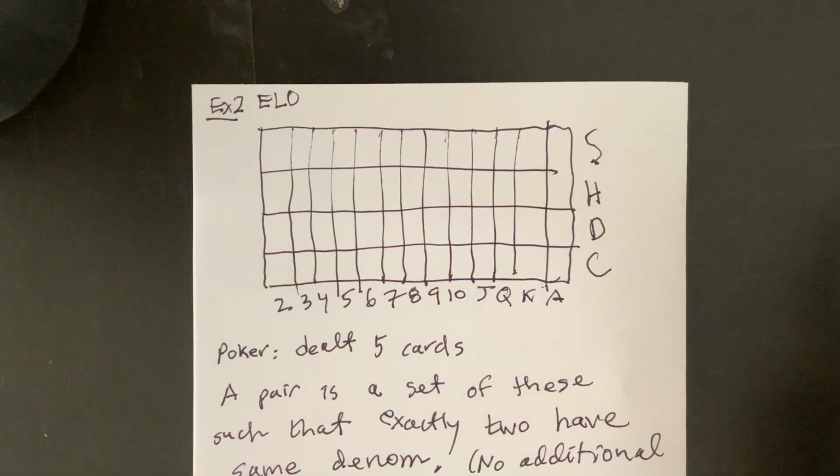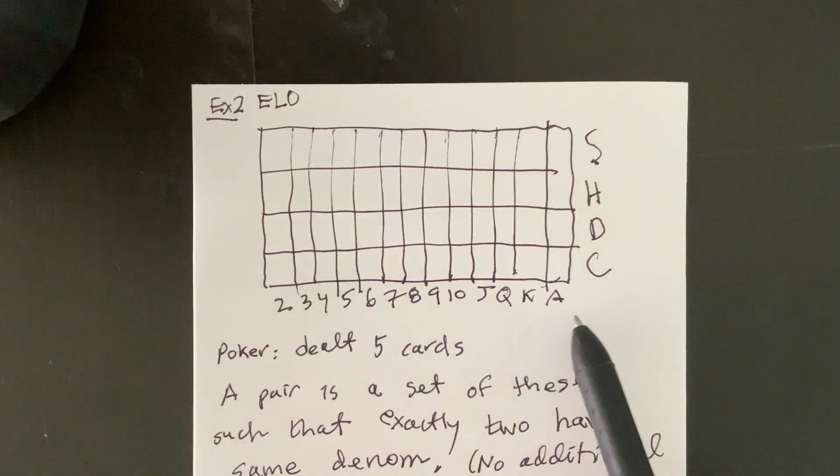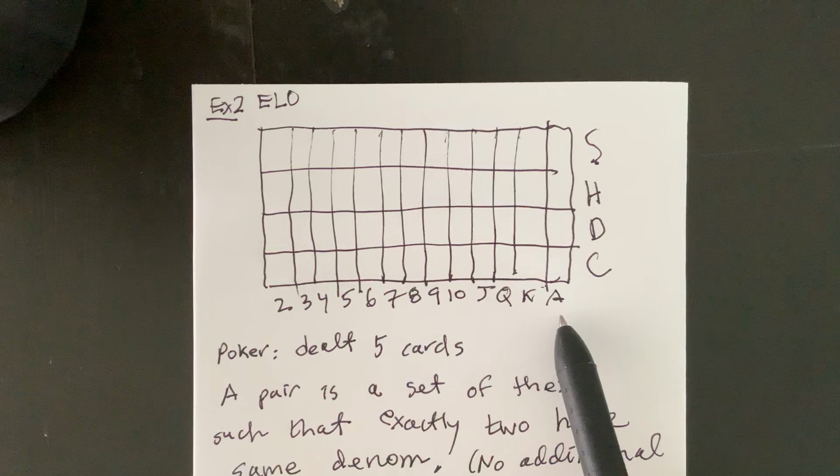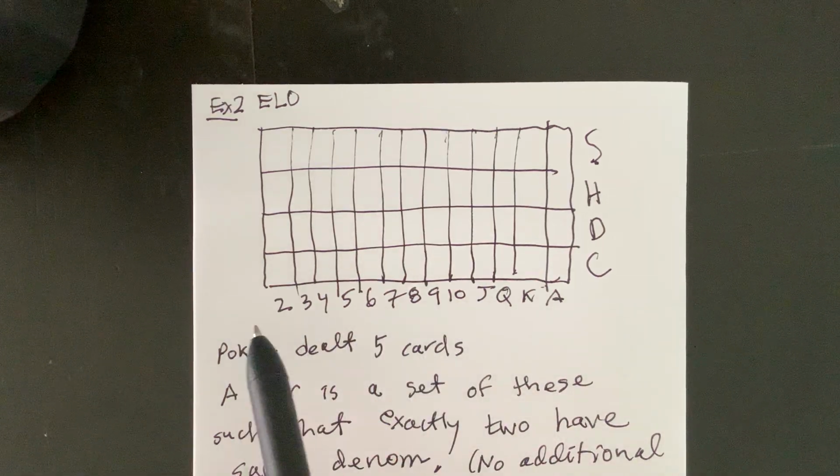But in a deck of standard playing cards, or one set of standard playing cards, there are 52 cards. And you see here you have 13 different denominations: ace, king, queen, jack, 10 down to 2.